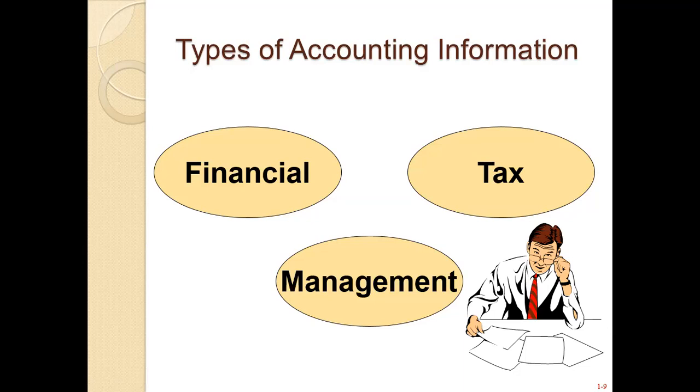Okay, financial accounting is mostly done by the accountant, the manager, the person who gathers accounting information in the form of financial reports. Like already discussed, what we earn from the business is related to your income statement.